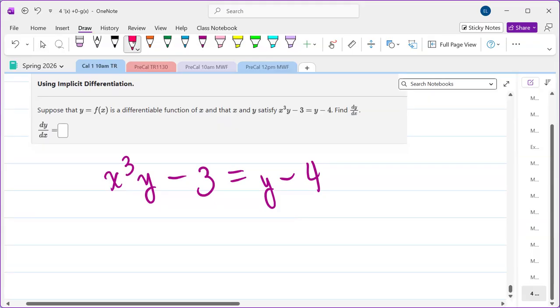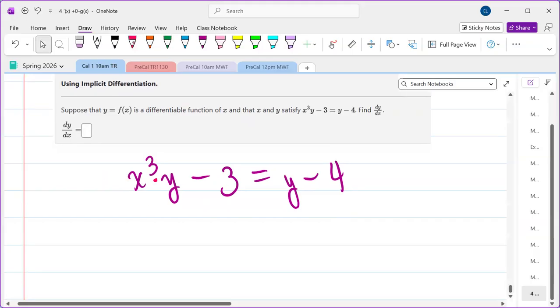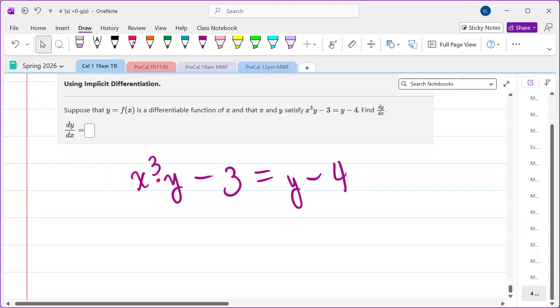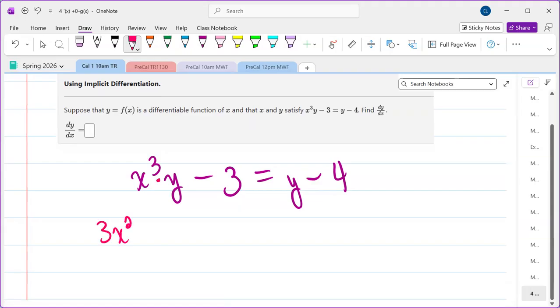All right, so x to the third times y, that is a product rule. So derivative of the first part, x cubed, will be 3x squared times, we keep y the same, plus, now we keep x cubed the same, and we do the derivative of the second part, which is dy dx.